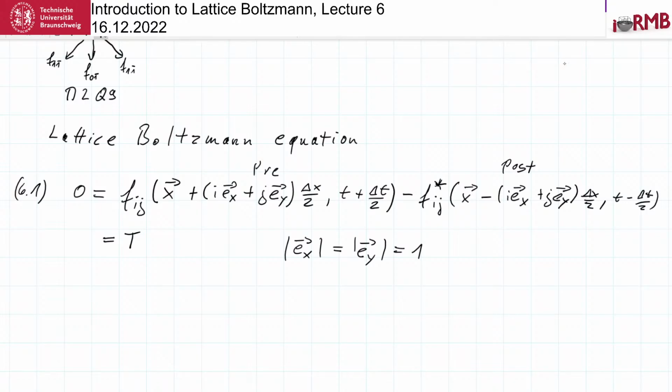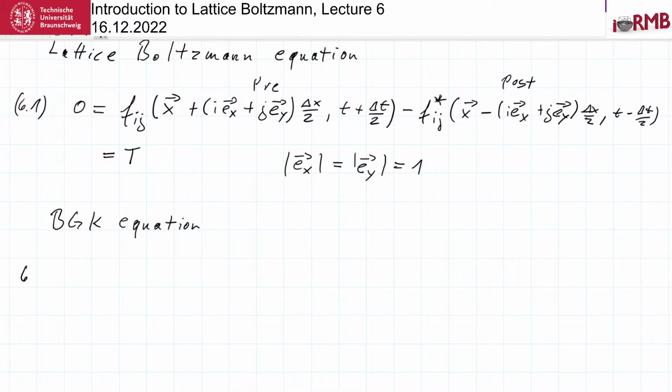So now we want to do this for the BGK equation, which we now denote as 6.2, and the BGK equation looks like this. The BGK equation gives us the collision operator, so it specifies the connection between the post-collision state, which we now, for simplicity, write at the position x and the time t.